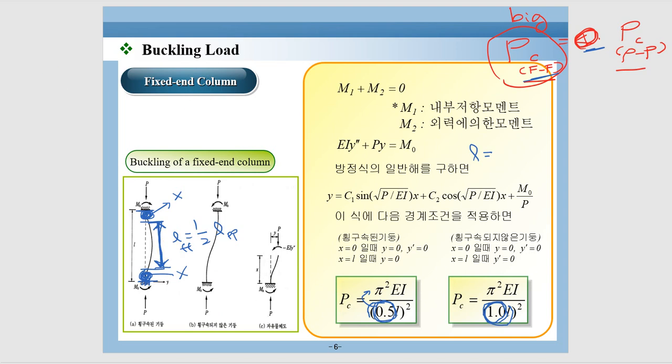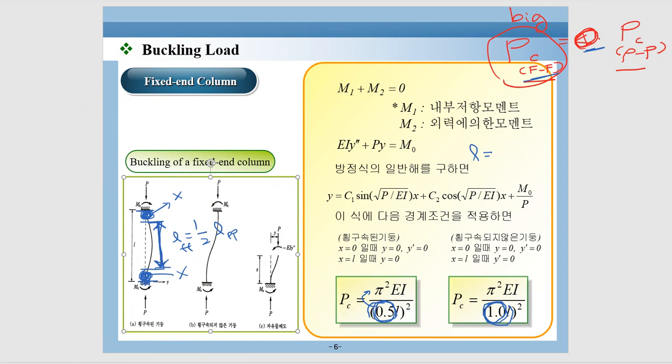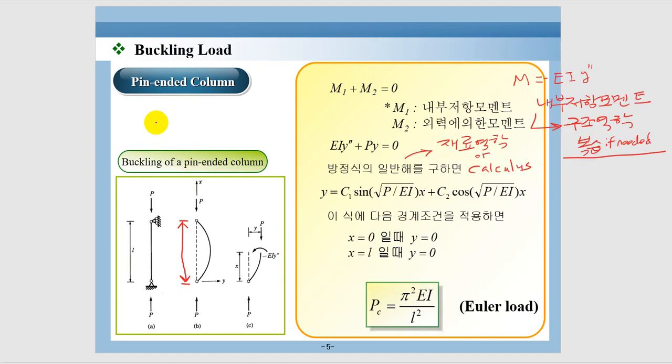The thing I want to emphasize here is that in the 2 cases that we are discussing right now, the fixed and the pin, the column does not move from the center line, so this is a column that is laterally braced.